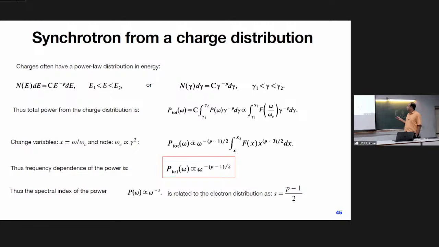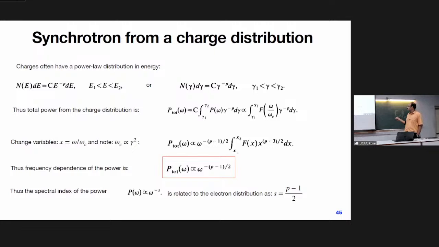Now you can play some tricks here. This P(omega) will have omega by omega_c. Omega_c has gamma squared. Gamma squared is related to the energy of the electron, gamma mc squared. We can now make some transformation of variables. This gamma to the power minus p you can again write in terms of the critical frequency.